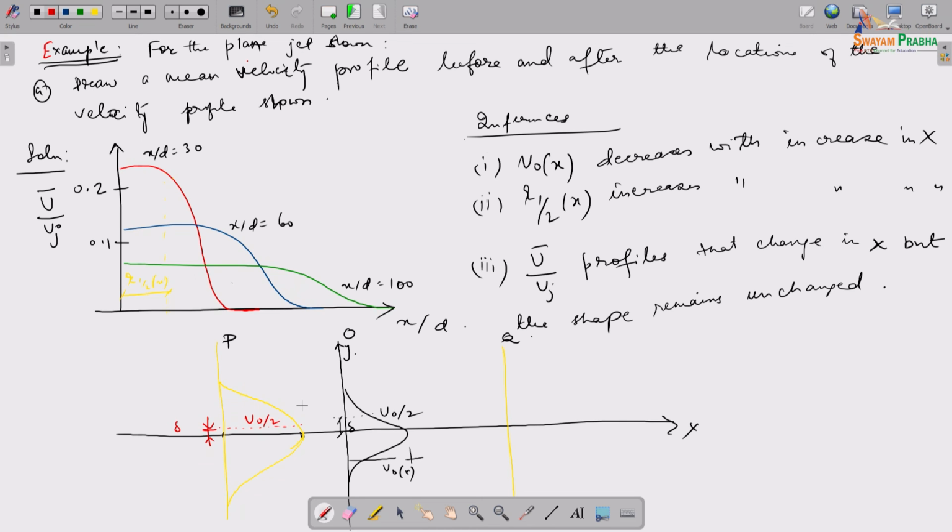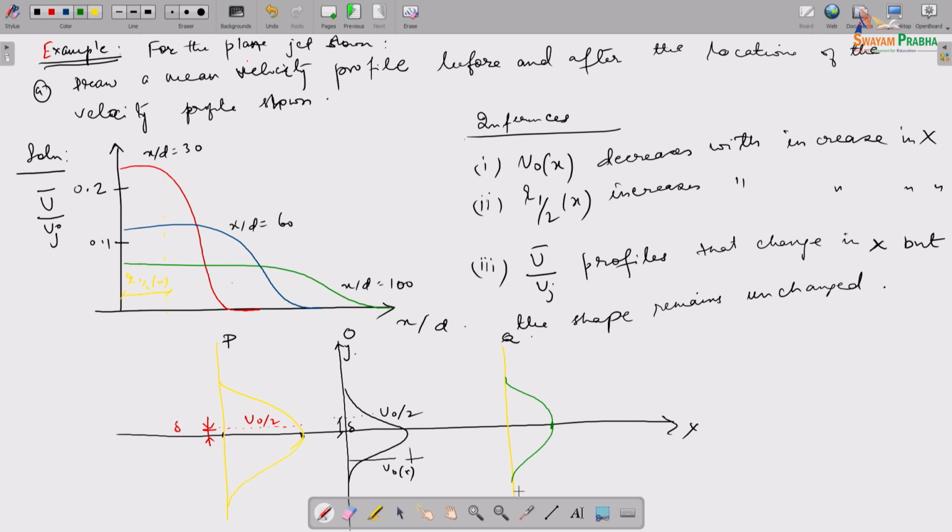You can draw it for the second location also, but I will go ahead and just do it. Here we know that u naught is going to decrease, so it should be less than what it is in the black one. So it is going to be like that. That is the velocity profile, and r half increases.